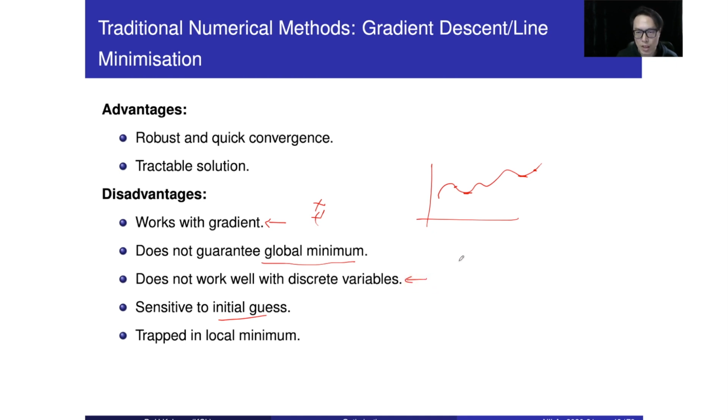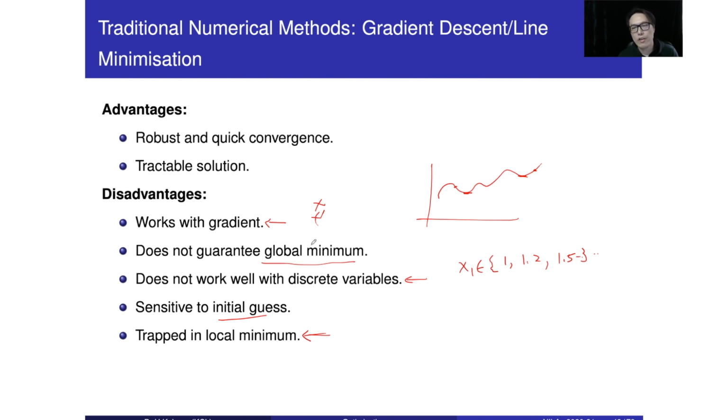For example, if the decision variable x1 only takes 1, 1.2, 1.5, these discrete values, then this method does not work. So from the above we know that with this method the solution is very easily trapped in a local minimum.